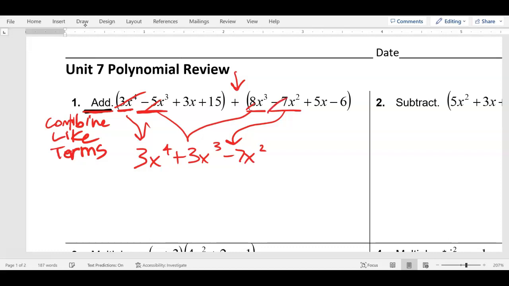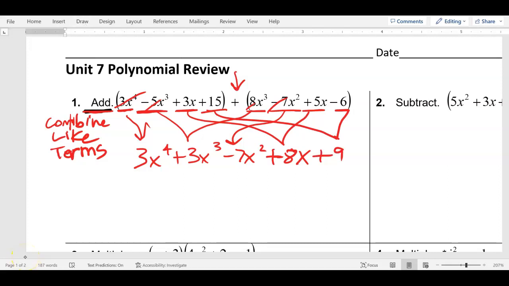Now the x's, I got 3x plus 5x. Positive 3x plus 5x is 8x. Cool. And then my constants, I got 15 minus 6. What's 15 minus 6? Or 15 plus negative 6 is the same as 15 minus 6. You get 9. That's our answer.